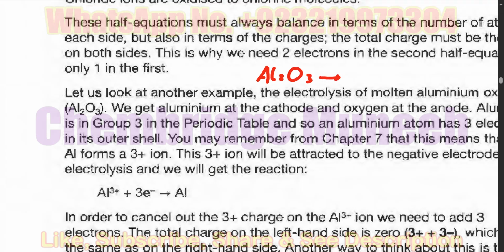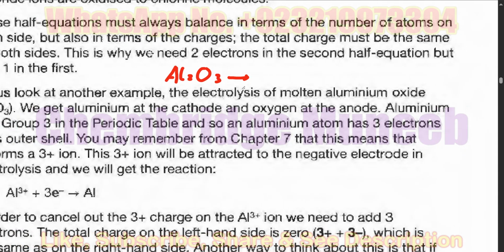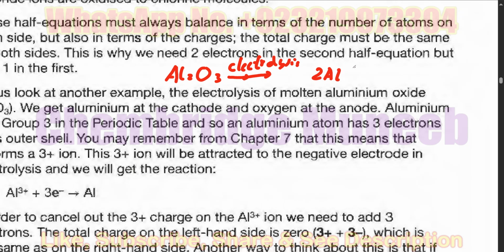When it goes through electrolysis, as a result 2 aluminium plus 3 ions will be produced, and 3 oxide ions will be produced. That's the electrolysis of the ions.